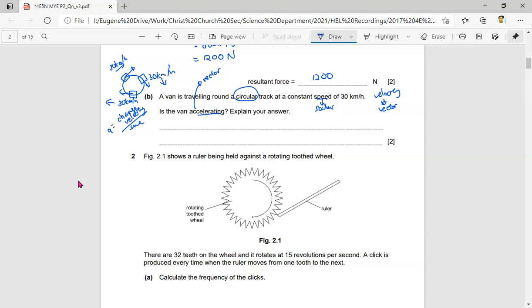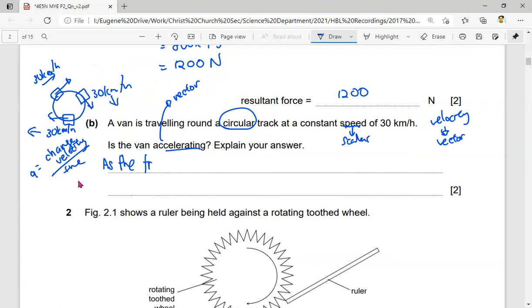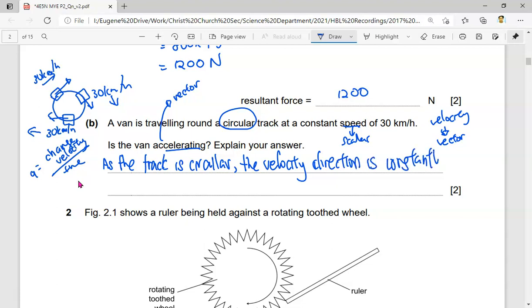So first things first, how to explain this? As the track, let's make it bigger. As the track is circular, comma, what is happening is that the velocity direction is constantly changing. So, bracket, velocity is a vector. So please remember that velocity is a vector.